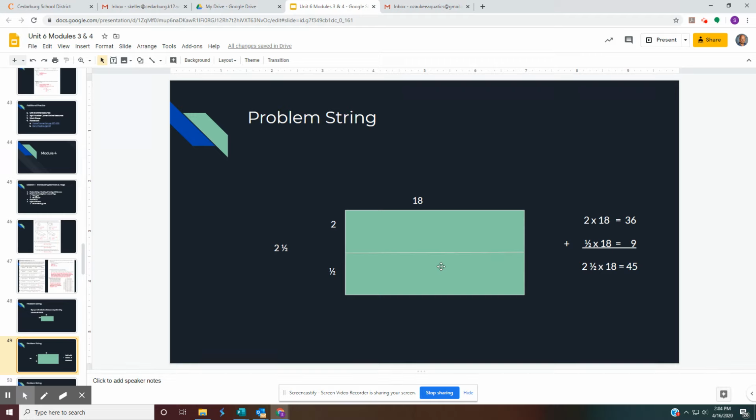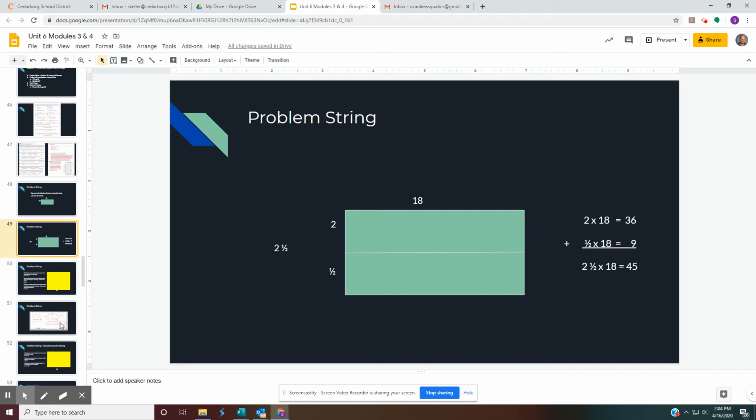And for me to figure out how large this array would be, all I would have to do is take the amount in this array and add it to the amount in this array, and I would get my total answer. So 2.5 times 18 is 45. So we're going to move on down.